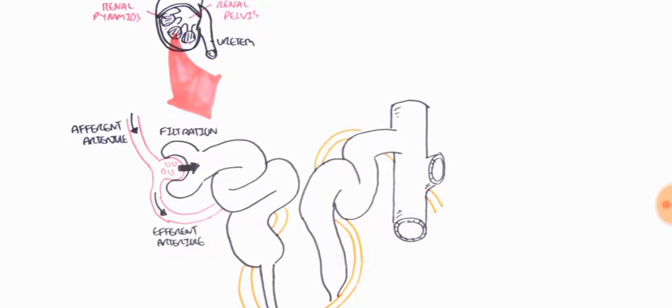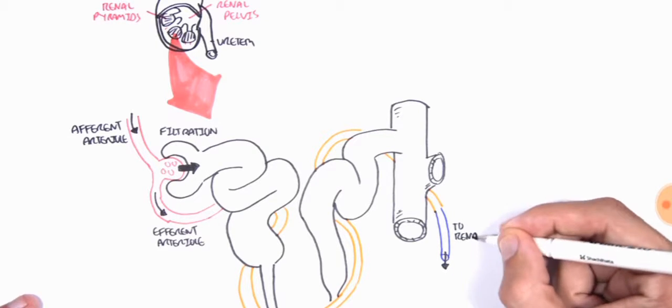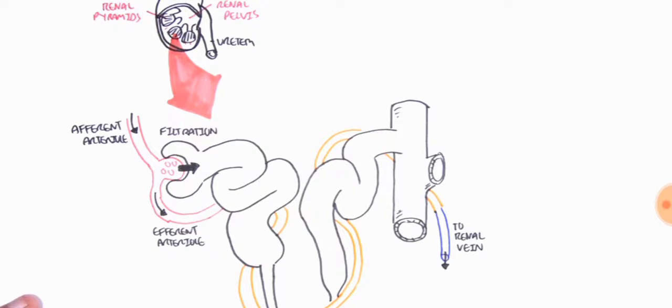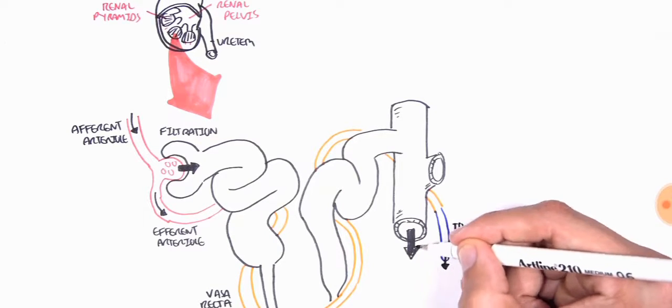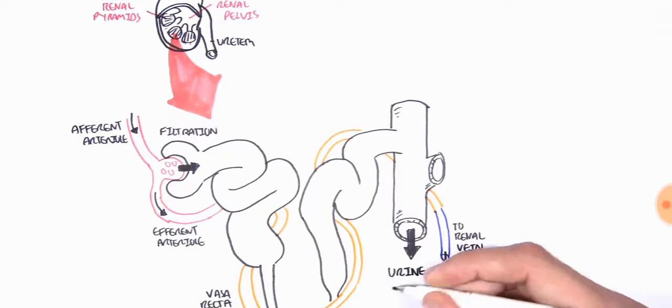As well, the vasa recta will secrete things that it doesn't need. It will secrete things from the blood back into the nephron as filtrate. The vasa recta will then leave and join with other veins and form essentially the renal vein. The filtrate, which is inside the nephron, is what we pee out. It's our urine output.